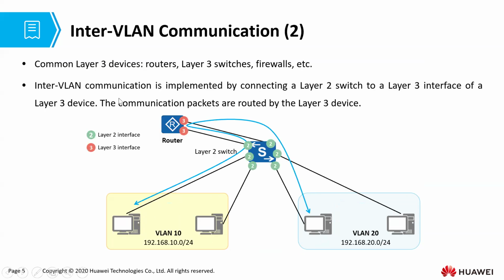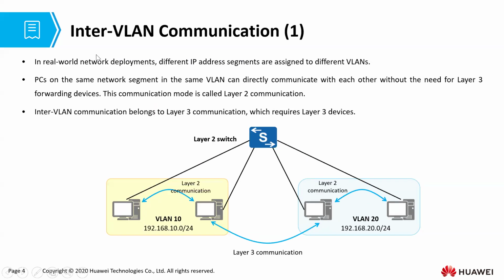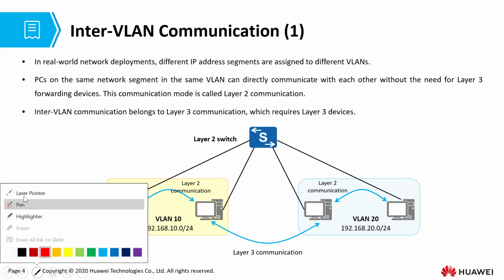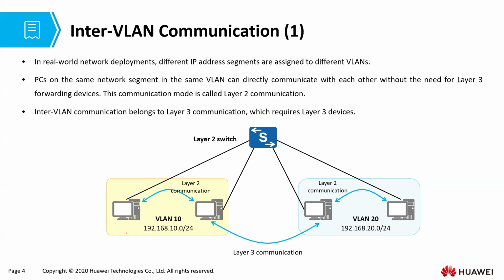Inter-VLAN: in real network deployments, different IP addresses are assigned to different VLANs, and PCs on the same segment, in the same VLAN, communicate directly. Here we have my switch, and we have configured our VLANs. You can see this device and this device are both in VLAN 10.